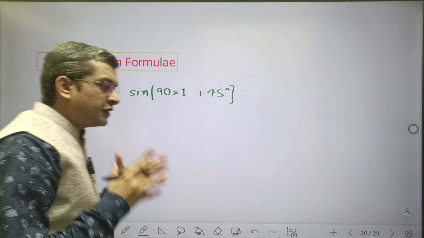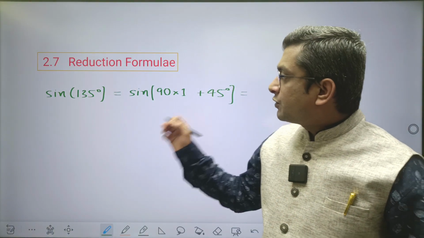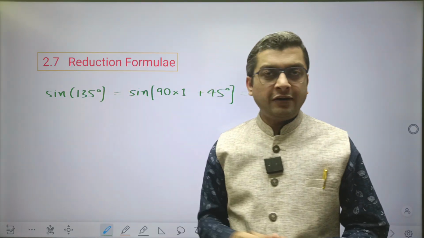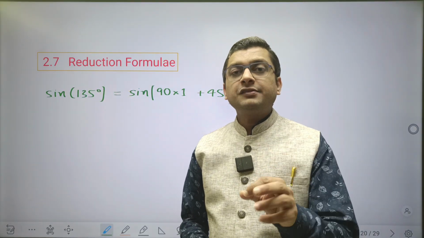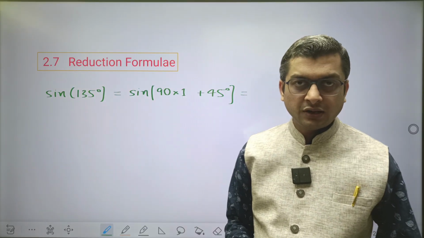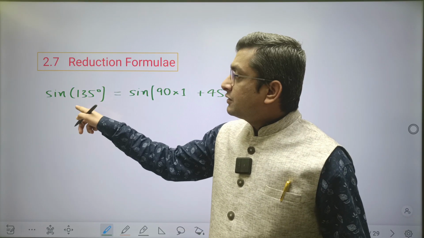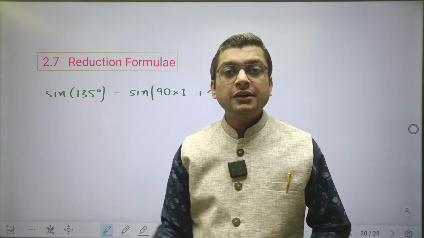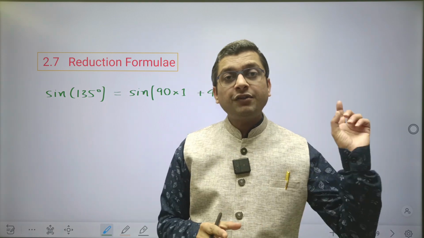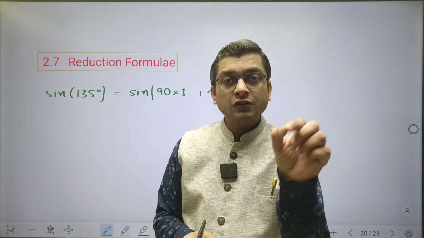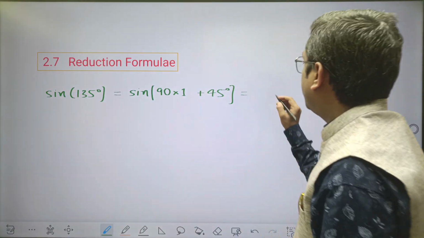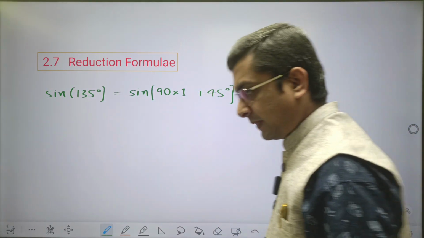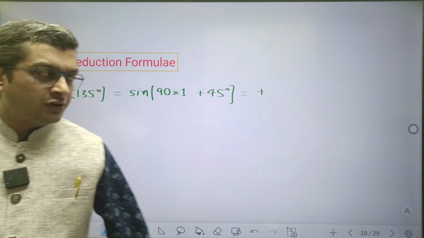So the very first step is to observe the angle, that is 135 degree, and this angle lies in the second quadrant. Are you getting that? And in the second quadrant, the value of sine is positive. Remember that trick, all school, S for school, S for sine. So whatever value comes, the value will be positive.